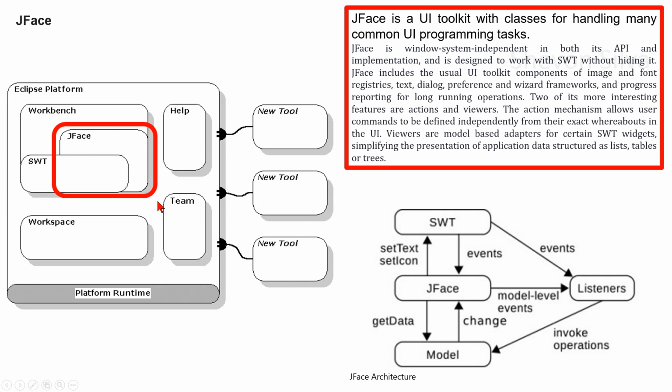Two of its more interesting features are actions and viewers. The action mechanism allows user commands to be defined independently from their exact whereabouts in the UI. Viewers are model-based adapters for certain SWT widgets, simplifying the presentation of application data structured as lists, tables, or trees.